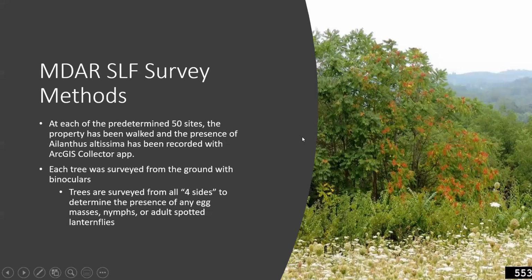I don't know how many of you are familiar with ground survey, but basically you want to look at all 4 sides of the trees to determine the presence of any egg masses, nymphs, or adults. And that just basically means that you're standing on one side of a tree for 5 to 20 minutes, depending on the size of the tree, and just really scanning up the trunk and out each branch as far as you can see, to see if you see anything suspicious.